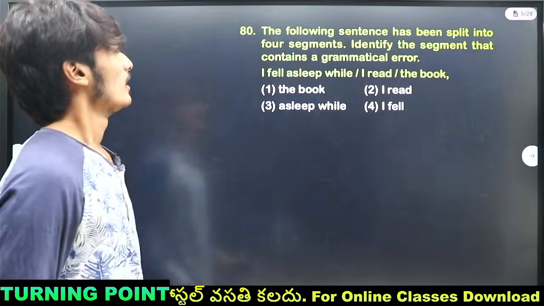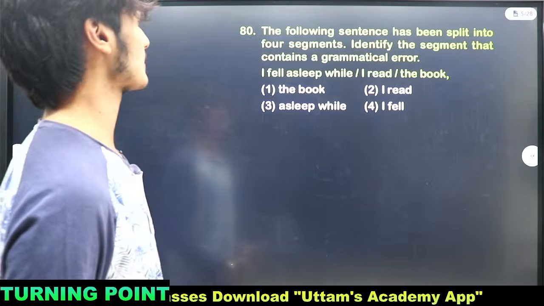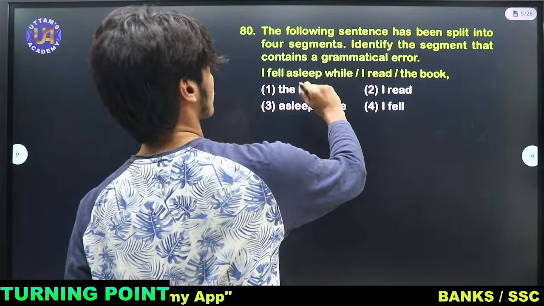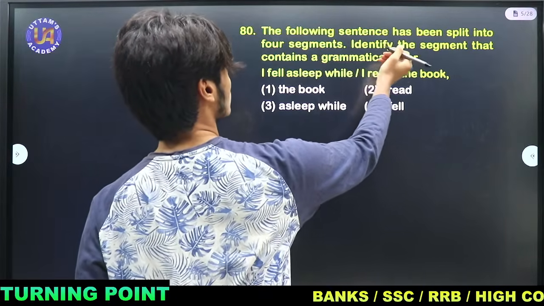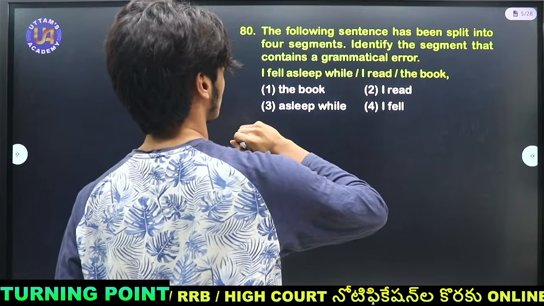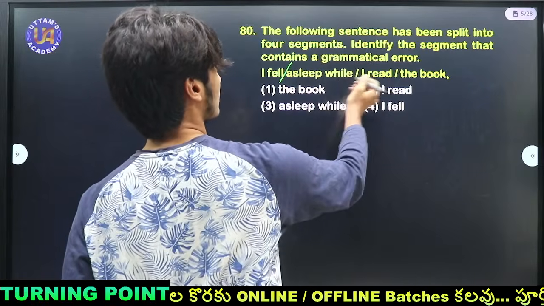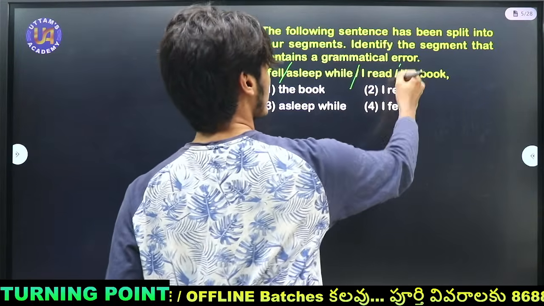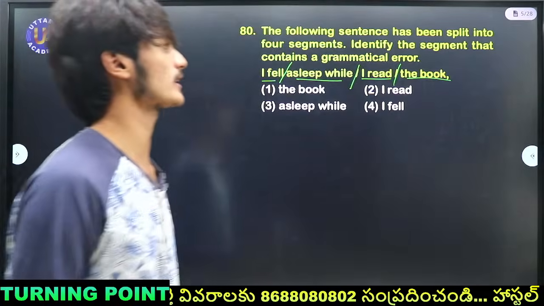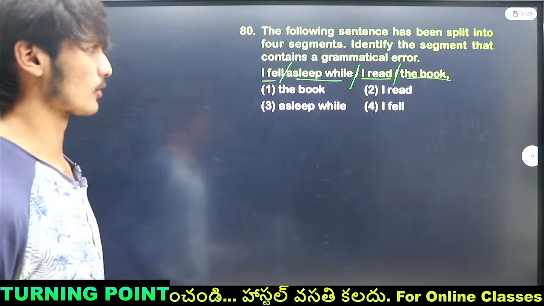Then the following sentence has been split into 4 segments. Identify the segment that contains a grammatical error. I fell asleep while read the book. So these are the 4 segments and we must find which contains the error. I fell asleep while I read the book.